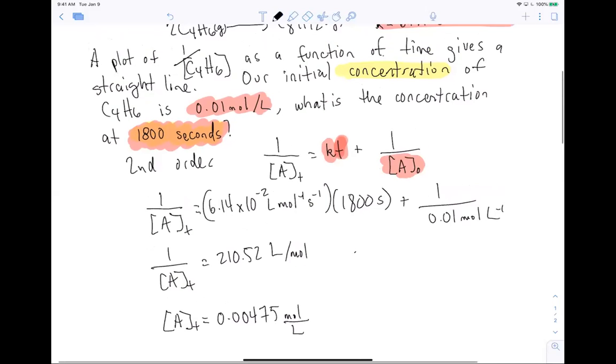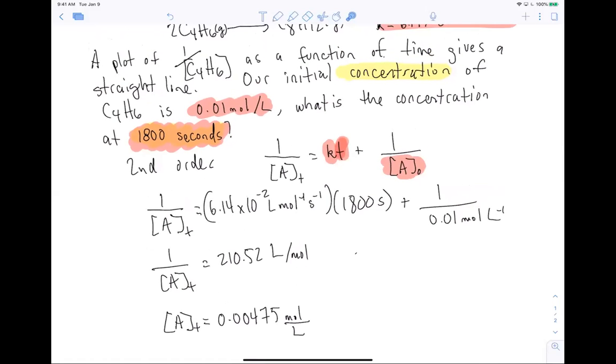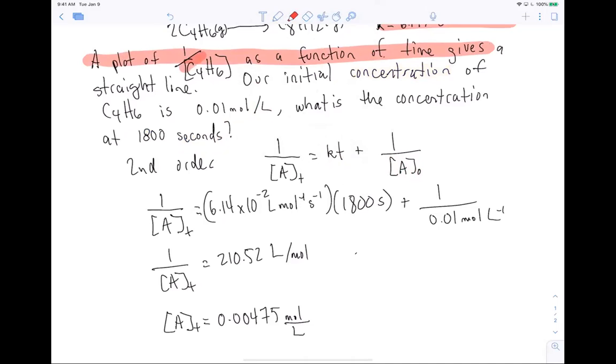Yeah, so why are we using second order? How do we know that? It's because this first part here tells us a plot of this versus time gives us a straight line.